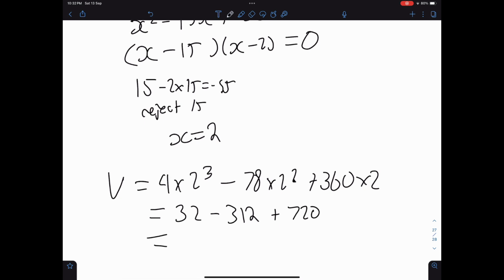That would equal minus 280 plus 720, which is equal to 440 cm cubed.